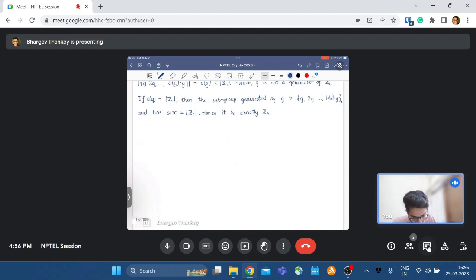So first thing. Notice that phi of n is the number of coprime numbers between 1 and n minus 1, right? So what we'll do is show that every number which is coprime to n is a generator of Zn. So let g be coprime to n.